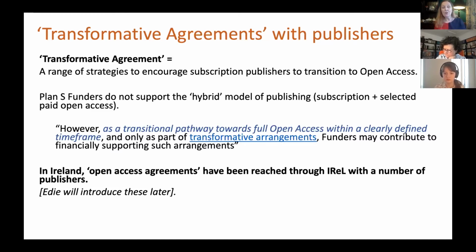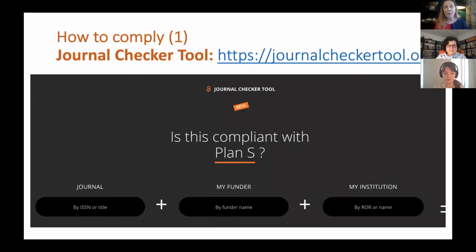Meanwhile, in Ireland, open access agreements have been reached through IReL, the Irish Research Electronic Library, with publishers, and Edie will mention these a little bit later, so that you can still publish with these journals, so long as they have these transformative agreements. And some of them are providing us with quite a lot of help in this area, so they may be able to provide us with a solution, or one of the solutions.